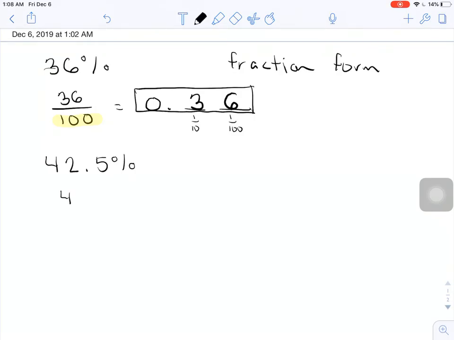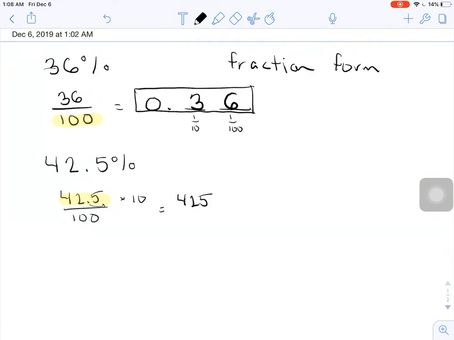We could initially turn this into a fraction, but then we're going to have to get rid of the decimal here. The way we can get rid of that is by scaling the fraction up or making it bigger. Since our number system is based off of groups of 10, if we multiply by 10, it will change this to a whole number. So 42.5 times 10 would make it 425, and then we don't have a decimal inside our fraction anymore.